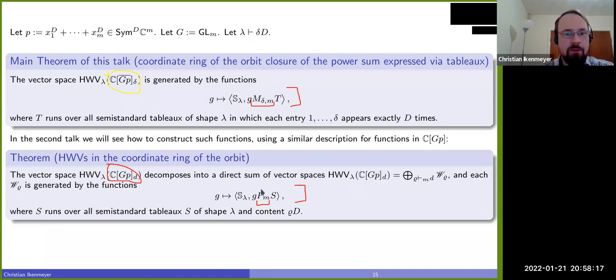Let me say this again. For this one here, classically, because this is not a closure, and the closure gives us a lot of trouble, we don't really understand the closure. But if you don't have the closure, then you do have formulas for this highest weight vector space, and they are not tableau theoretic.